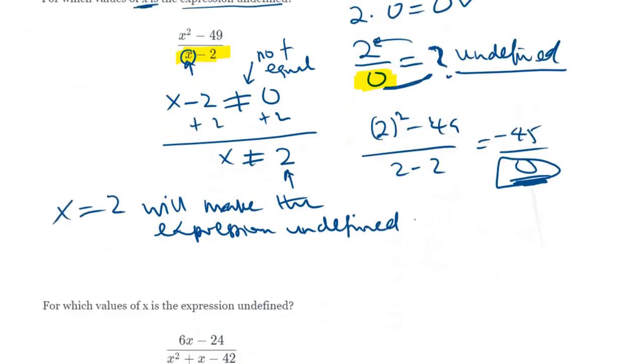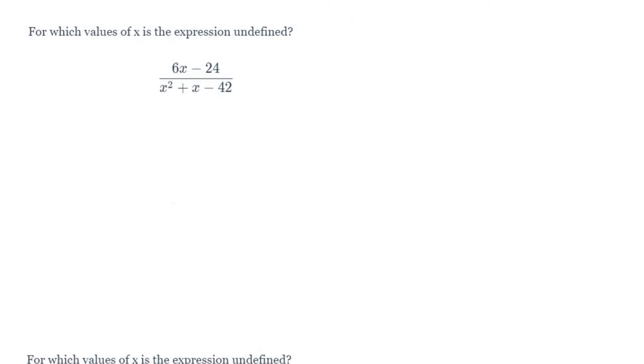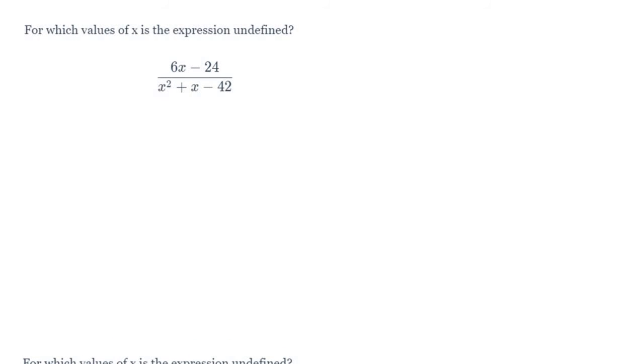All right, here's another example. Here it's not as simple as the other one that we just did. In this case, I can try different values, or I can just factor the denominator. This is 42, so I need to factor it into x plus 7 and x minus 6. I'm assuming you know how to factor, so that's a requirement to be able to do this kind of work.